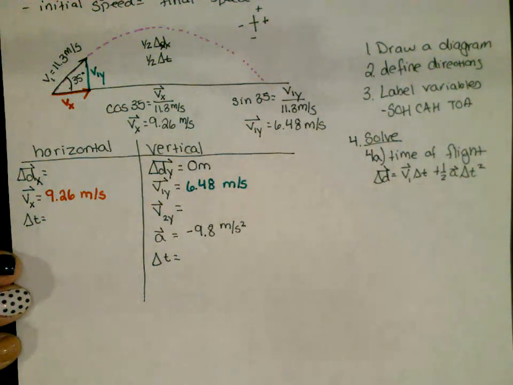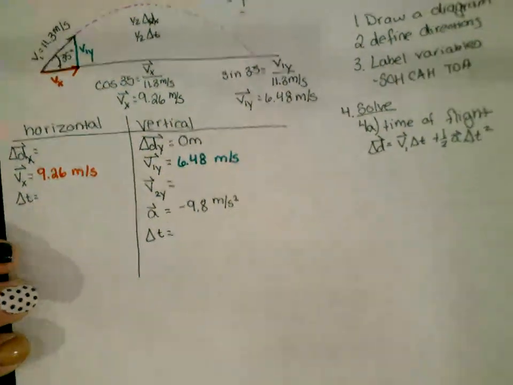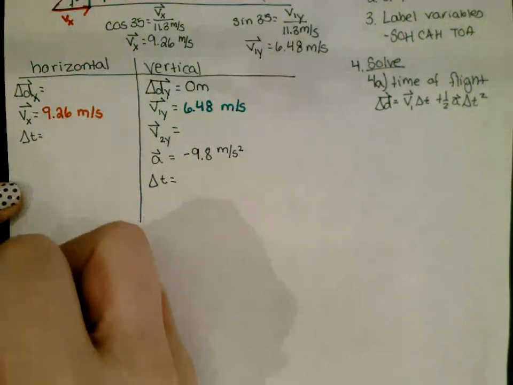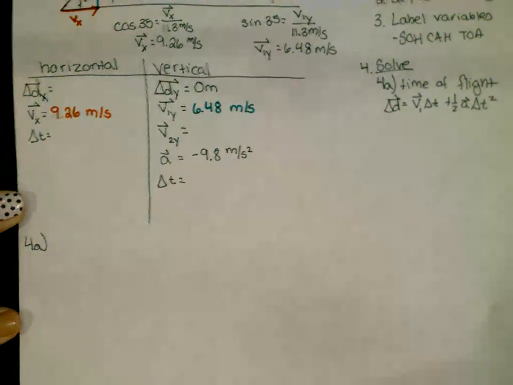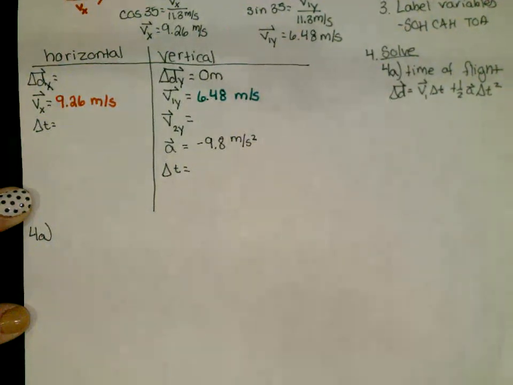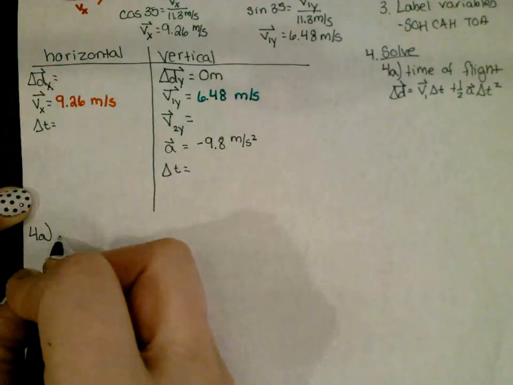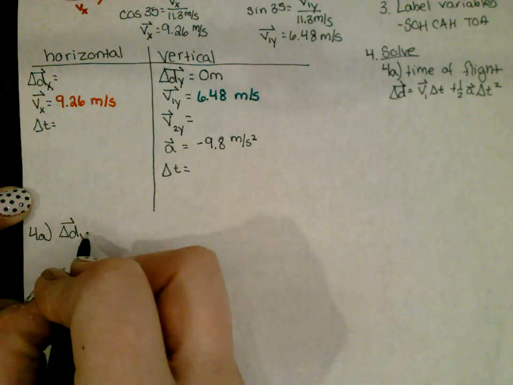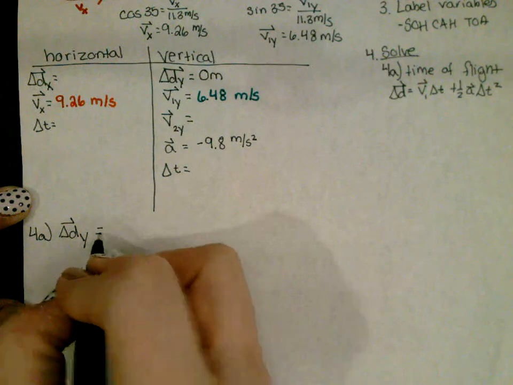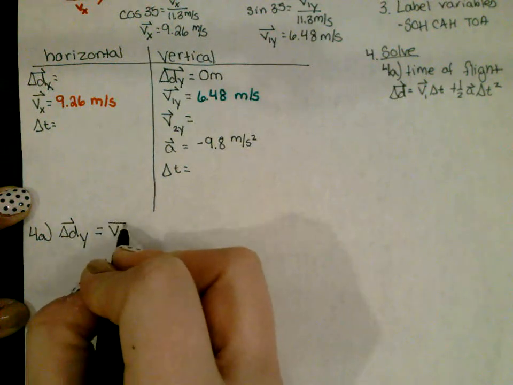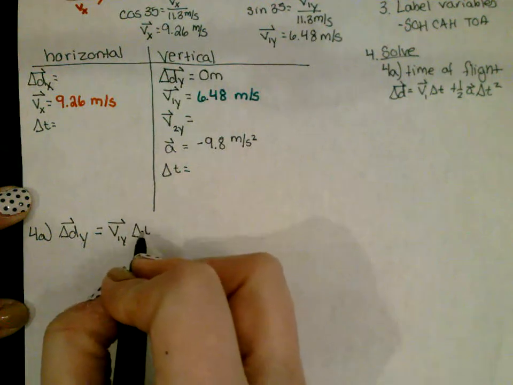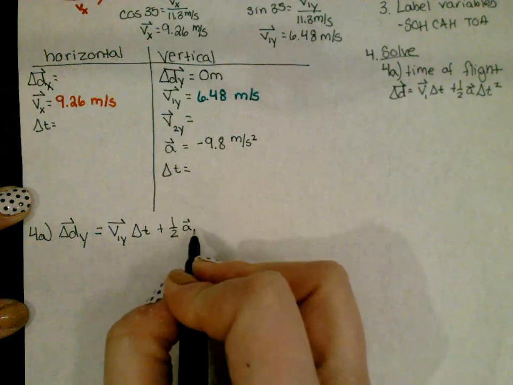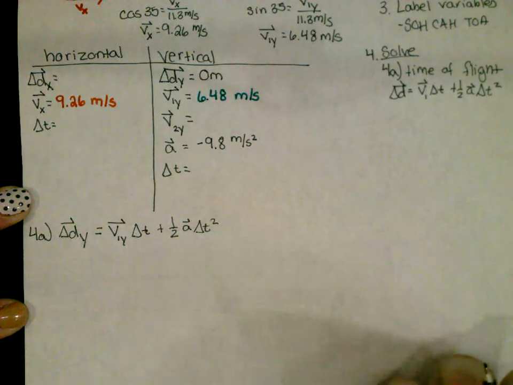So let's take this equation and apply it to what we're doing. So I'll put 4a over here so you know what I'm working. First thing I'm going to do is write down my equation. So I have my displacement, and I'm going to use y here. I have my initial velocity of the y-axis, change in time, plus 1/2 acceleration, change in time squared.